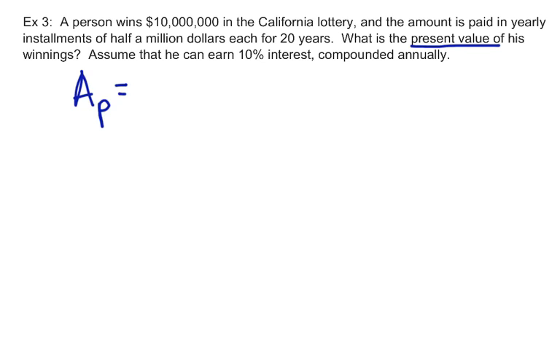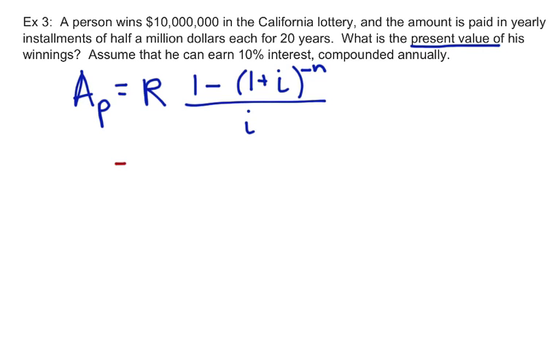So the formula for the present value of an annuity is the periodic rent times 1 minus 1 plus the interest divided by the compounding, raised to the negative number of payments, divided by the interest divided by the compounding. In this problem, they pay me in installments of $500,000.